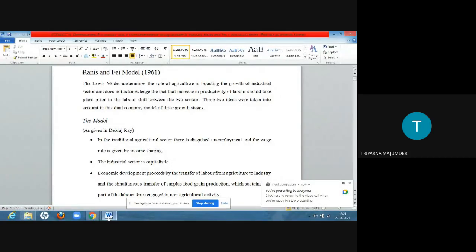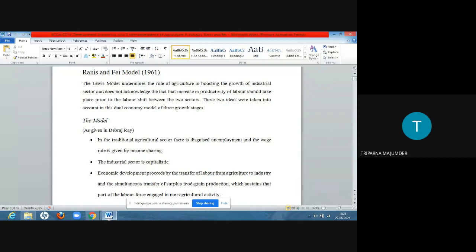We will start a discussion of the Ranis-Fei model, which was developed by the economists Ranis and Fei in the year 1961. This model can be thought of as an extension of the Lewis model.